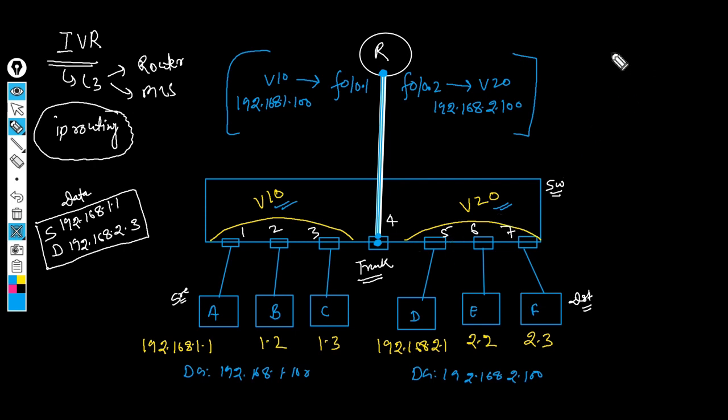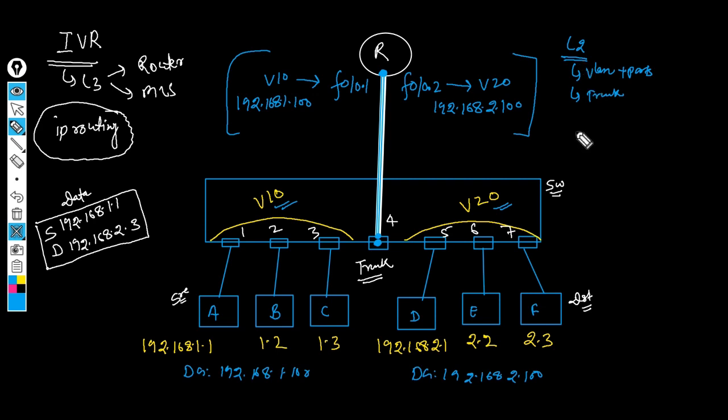Just to recap, you first need to perform the layer 2 configuration, which means you create VLANs, assign the ports, and configure the trunk.